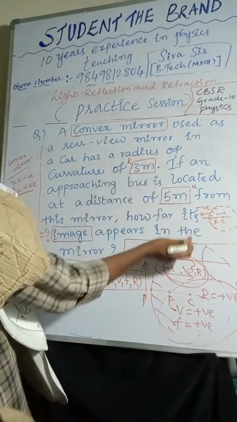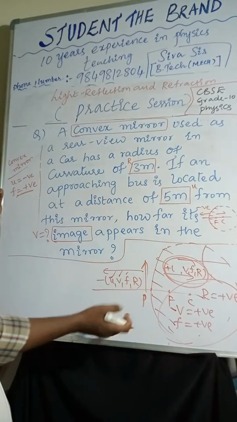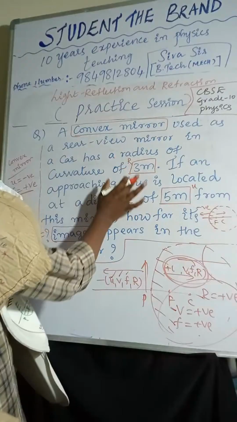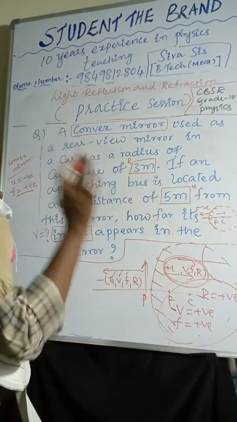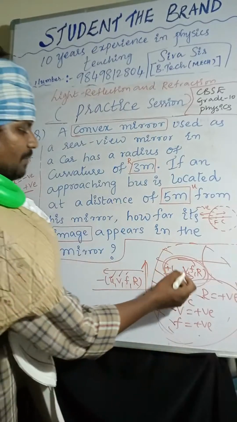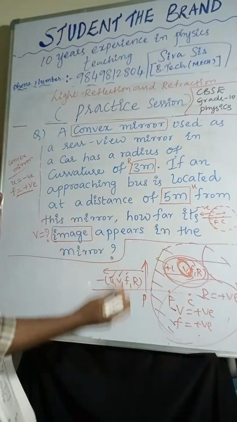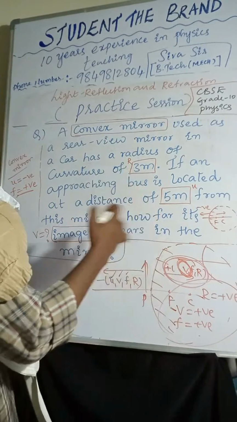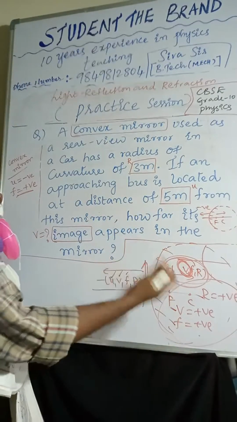So you know two values: focal length and object distance, and we can find the image distance. In a convex mirror you should get a positive value for the image, because the image is positive. After completing the problem, you still have to check with this method to see whether you did it correctly.